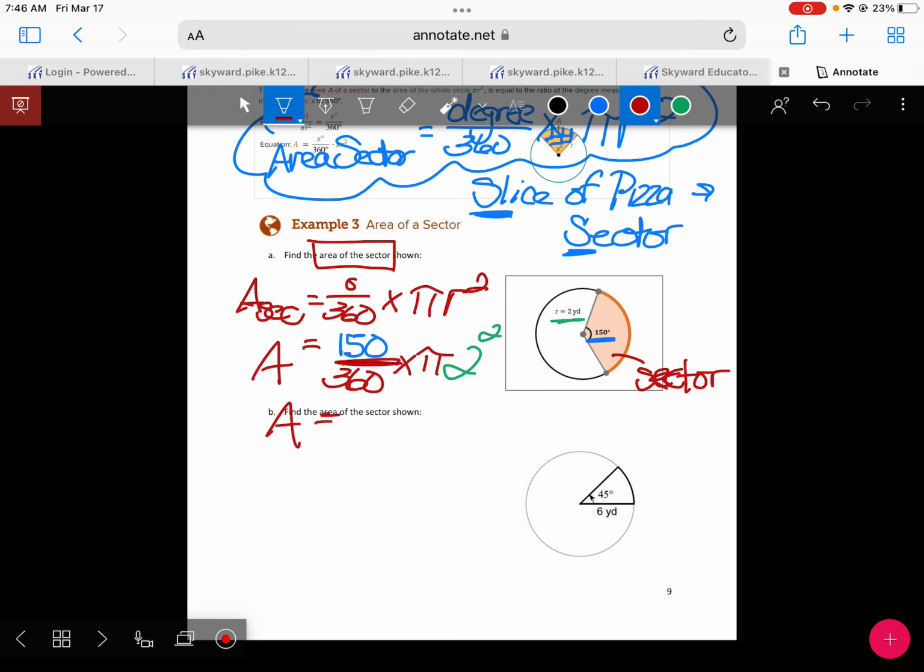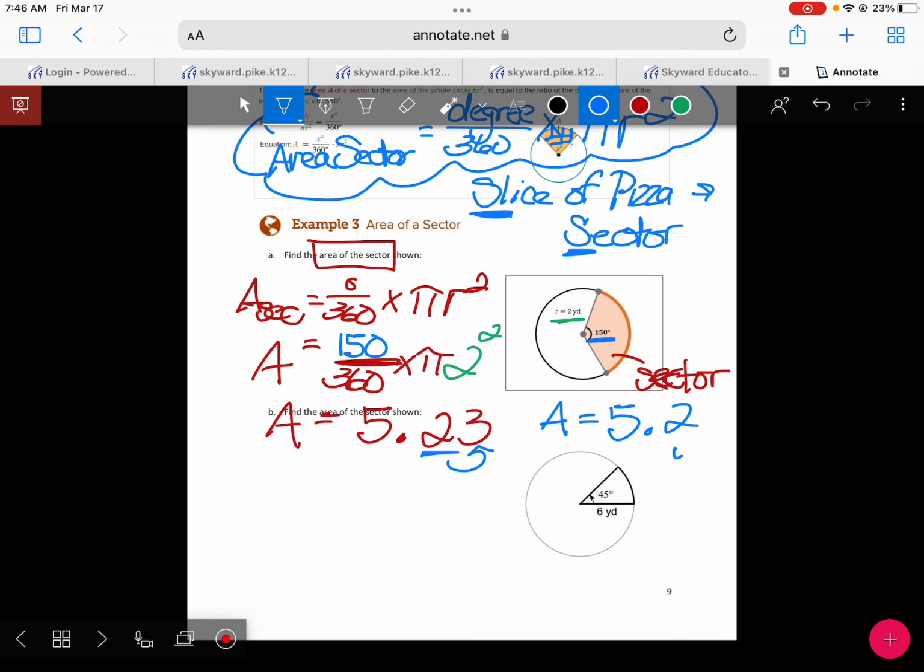What are we getting? Anybody? Yes, you should have gotten 5.23 something. And we've been doing it to the nearest 10th place. The 2 is in the 10th place. So my area is 5.2.